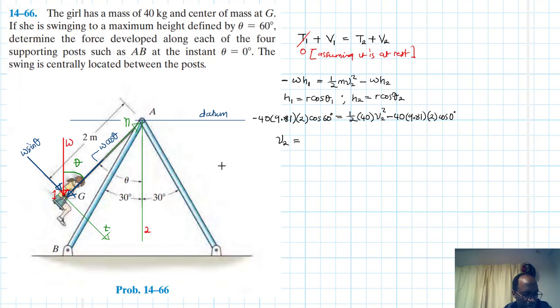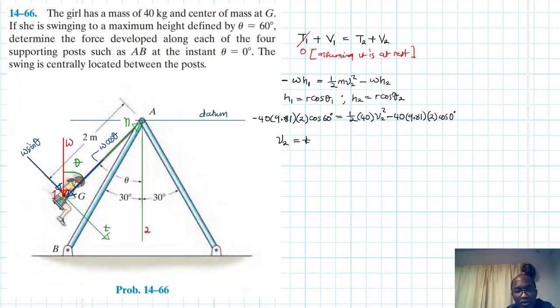v2, you can calculate it directly. I'll not write all the steps here. So we have minus 40 times 9.81 times 2 cos 60 plus 40 times 9.81 times 2 cos 0, divided by 0.5 times 40, and square root of that.